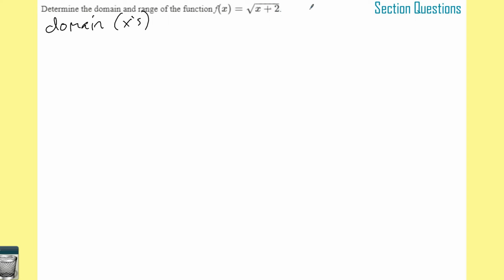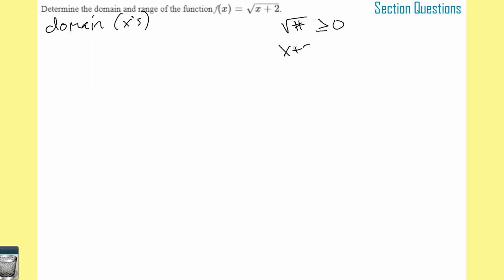Because I should know that the square root of a number is going to give me a positive number. Okay, because I want to do the square root of something real. I can't graph anything imaginary. So this value has to be bigger than or equal to 0.